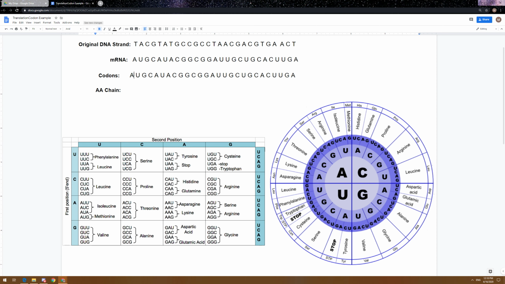Remember, codons are just taking 3 of our mRNA bases and looking at them separately like this. So I'm going to make all of these look like this threesome of base pairs so that I can look at all my codons easier.